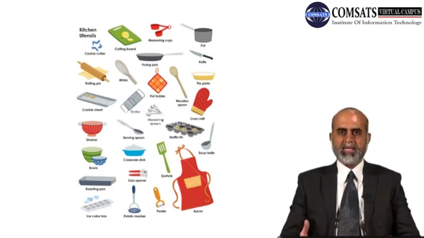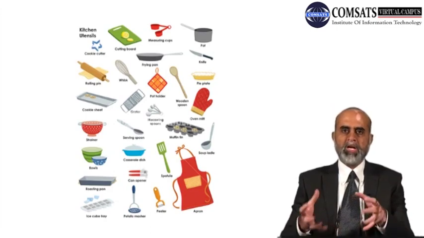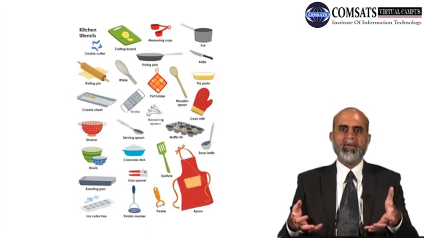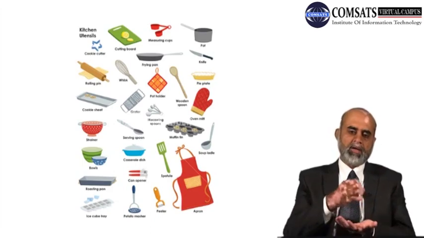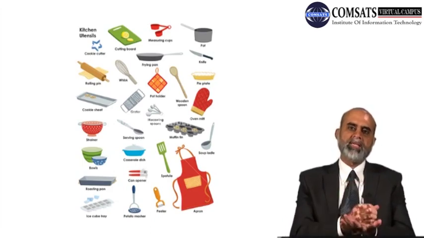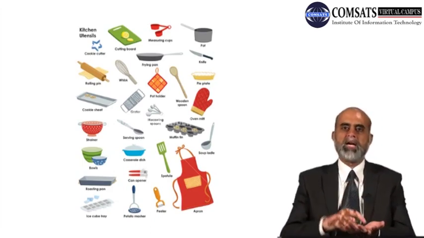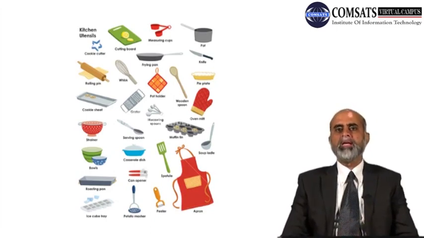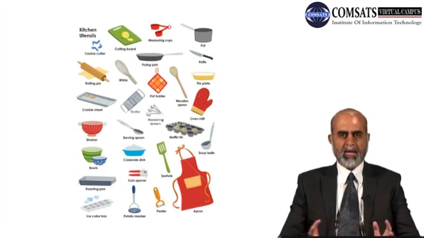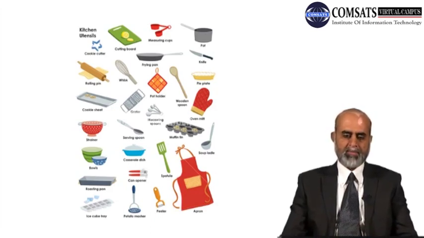So a cookie cutter is basically a pattern. When you make dough with fine flour, you can press this star into it and make star-shaped cookies. These could be in different shapes. You can have oval cookies, round cookies, square or rectangular cookies, diamond shape, whatever shape you like.